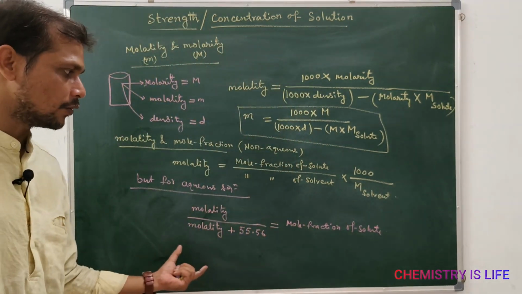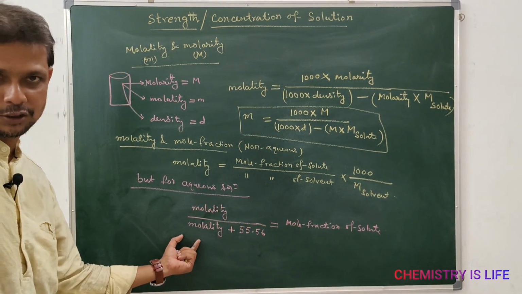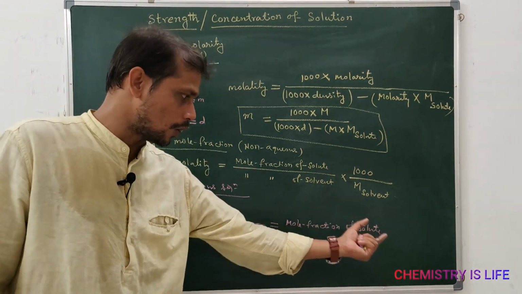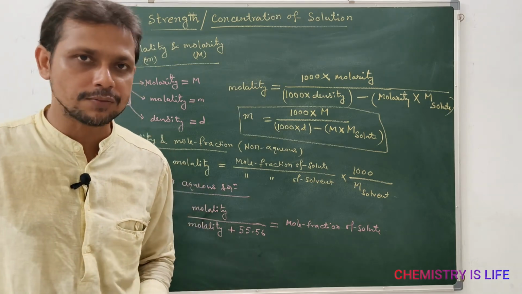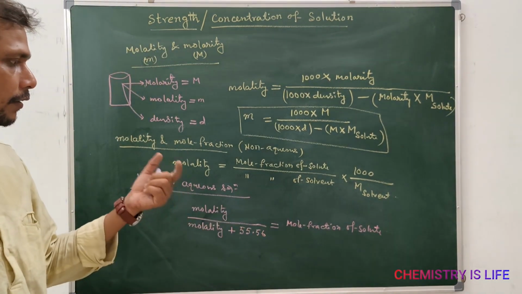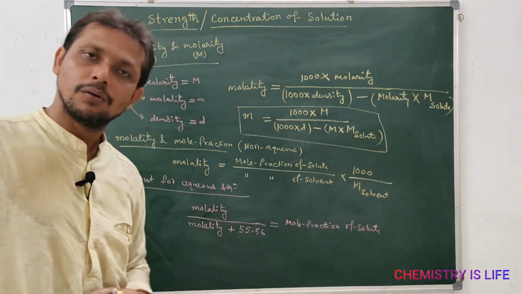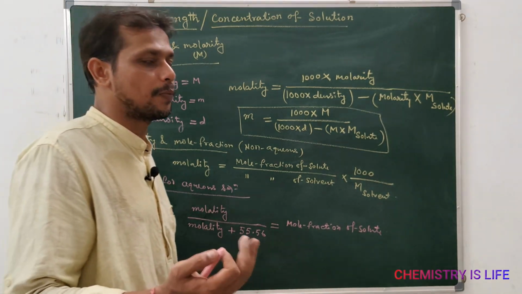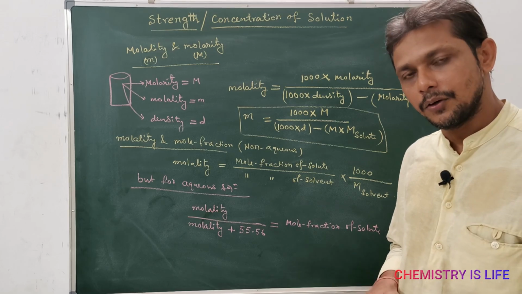So from this relation we can calculate the mole fraction of the solute or the molality of the solution. If you are given the mole fraction of solvent, the solute mole fraction will be 1 minus the mole fraction of the solvent. So we can easily put it into this equation and calculate whichever is asked, mole fraction of solute or molality of the solution or mole fraction of the solvent. Okay, so that's the relation.